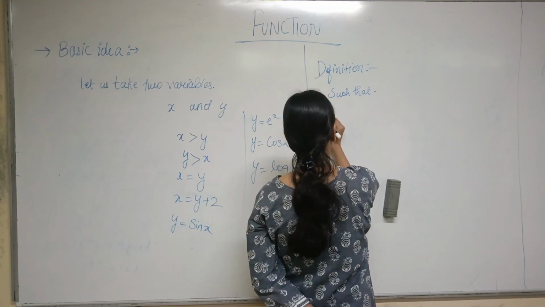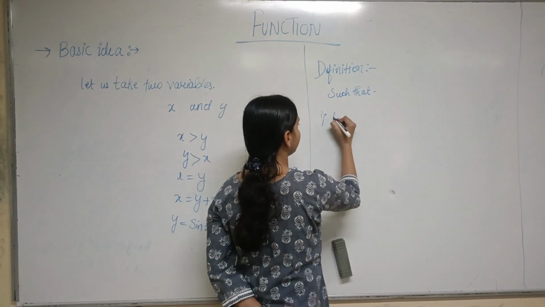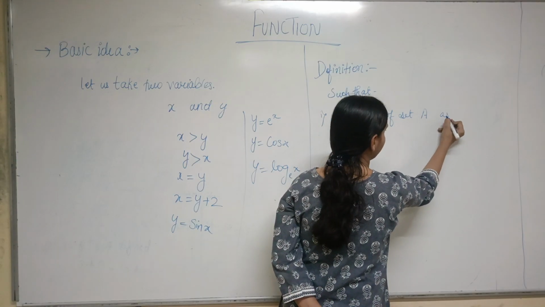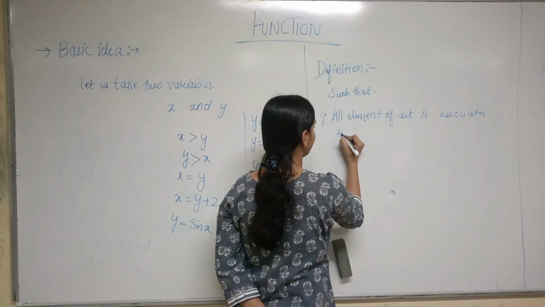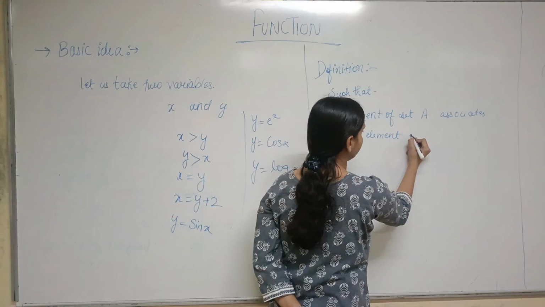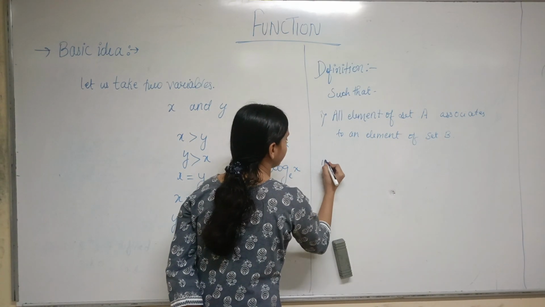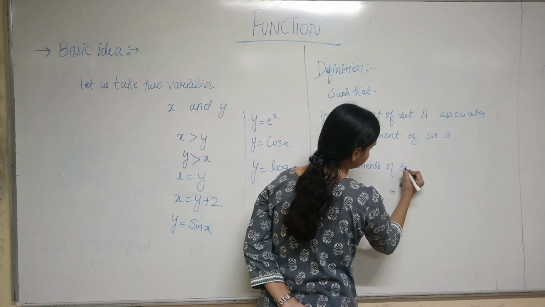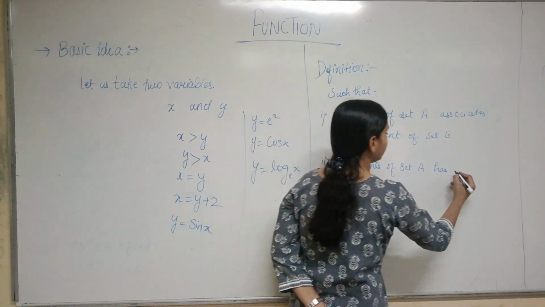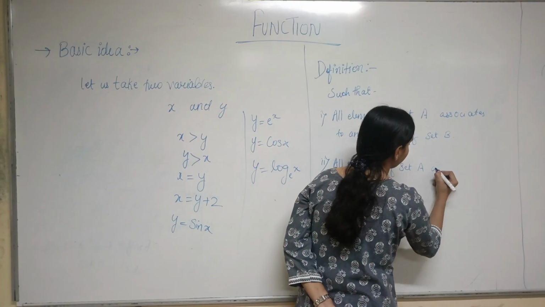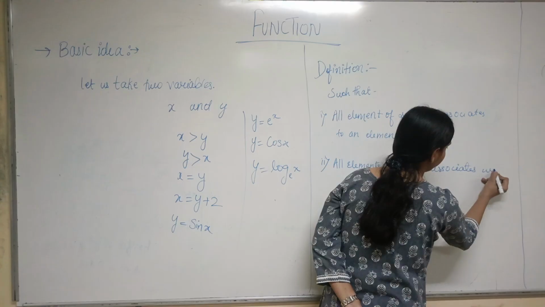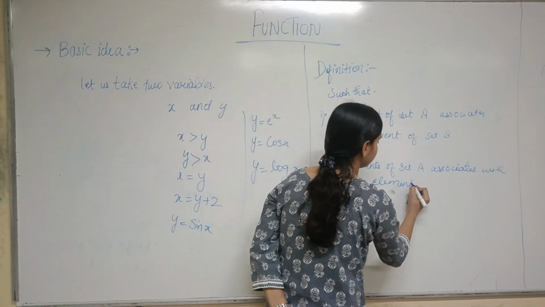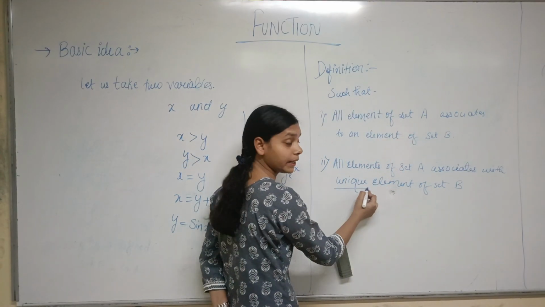all elements of set A associate to an element of set B, and second, all elements of set A associate with a unique element of set B. This is the most highlighted part in the definition, right?